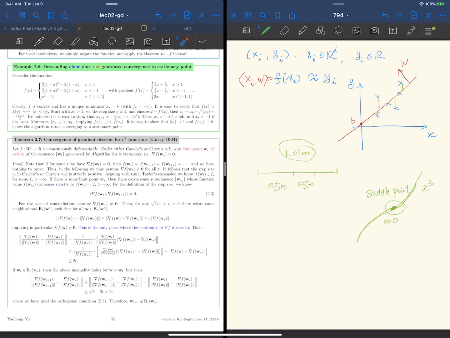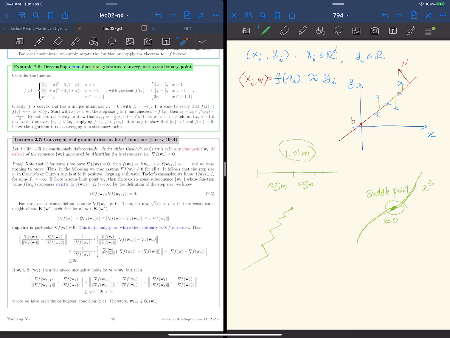In particular, you should try to understand this orthogonality condition, because in many counterexamples, when people say gradient descent is slow, you usually see people draw the zigzag trajectory of gradient descent, right? It goes here, and then here, and here, and here, and it zigzags towards a local minimizer.